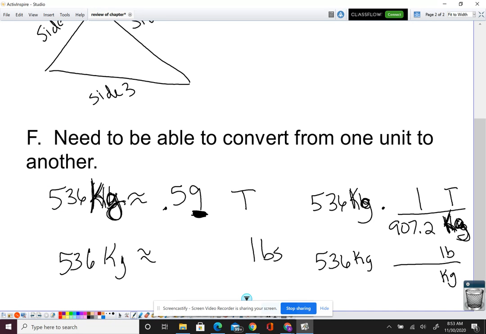My conversion says that 1 pound is 0.4536 kilograms. And I would divide that out. I think what you're asking though, I'll finish this problem out and then I'll do a different one. 536 divided by 0.4536.